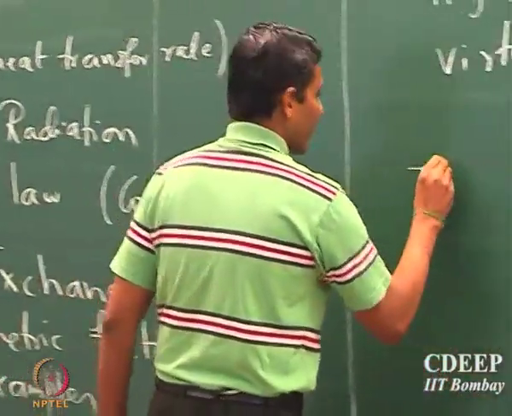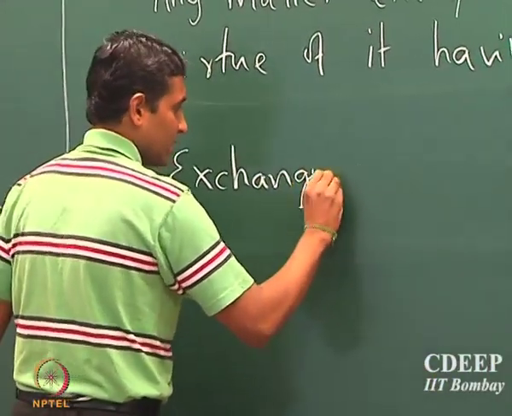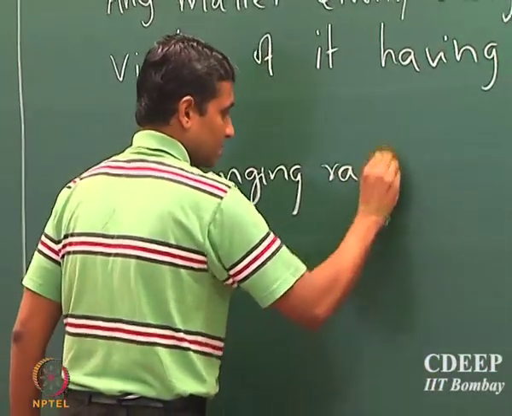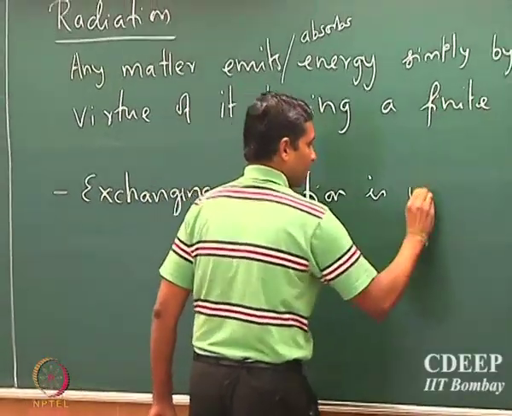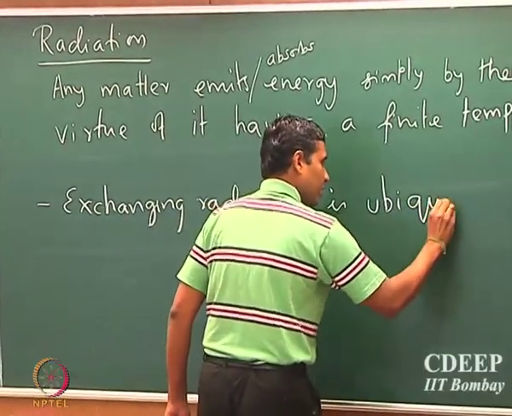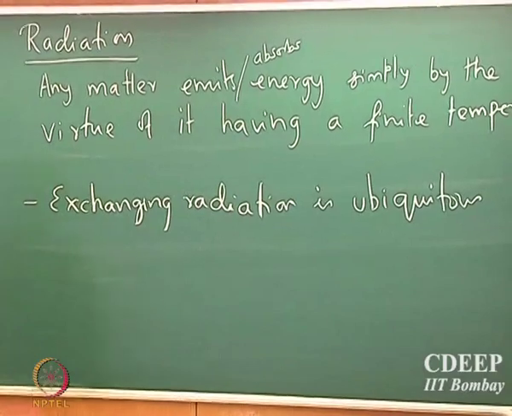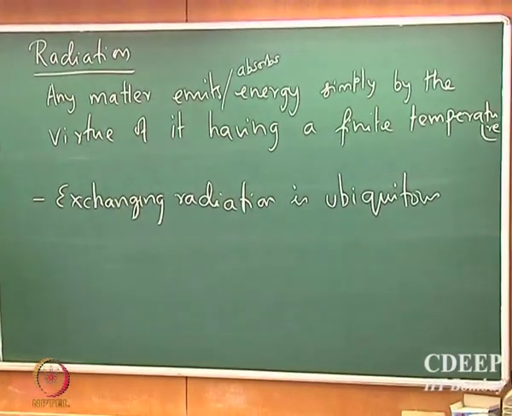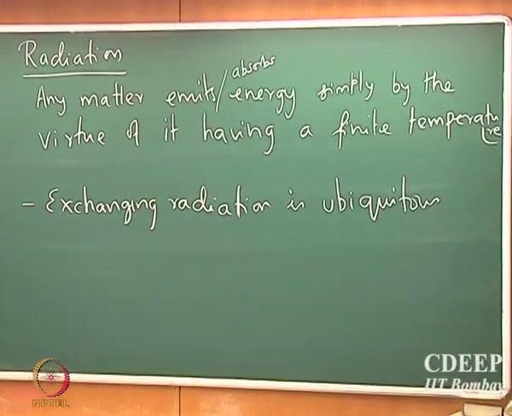So, exchanging radiation is a ubiquitous process. It's found everywhere, in all objects, our hands, everything is radiating.